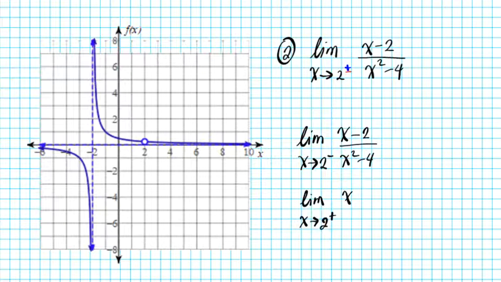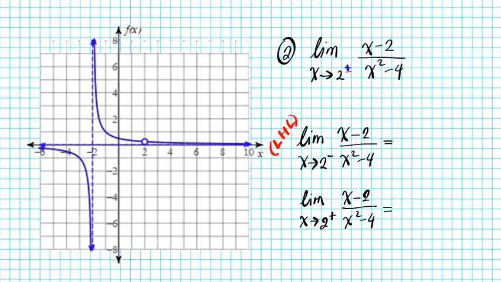Whatever the answer is, if the two answers are the same, then that will be the value of the double-sided limit, which is this one up here. If they're different, then the limit does not exist. Let's name them real quick. This one right here, I'm going to call the LHL, left-hand limit.